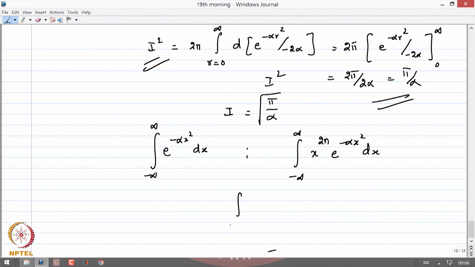and you do not need to calculate this integral x raised to 2n plus 1. This n is an integer, I did not say, but that is what is implied, and if n is an integer, the integral of x raised to 2n plus 1 e to the minus alpha x square dx is 0. Therefore, you do not need to calculate.